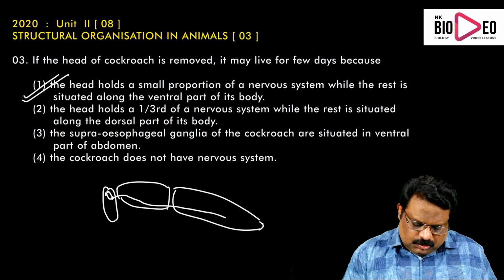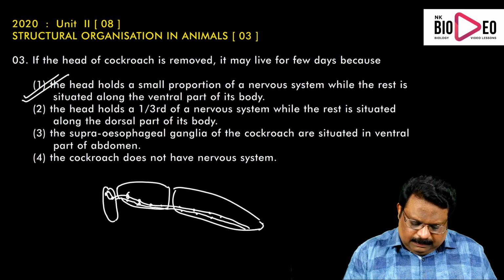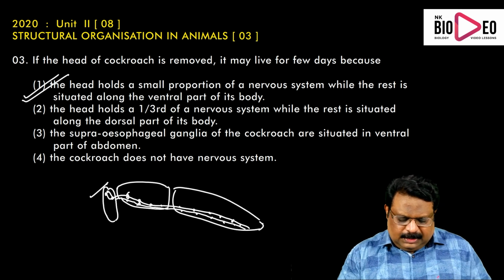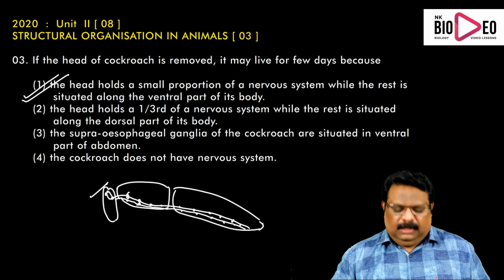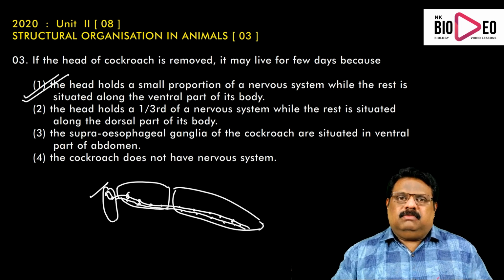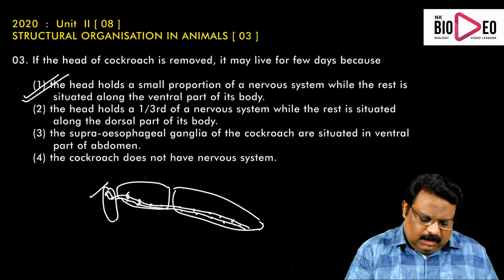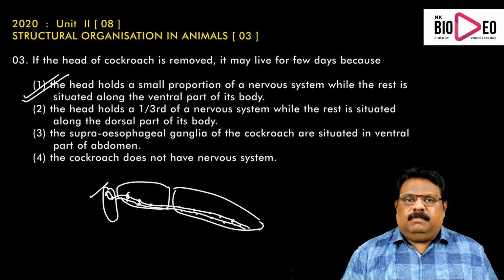Then two nerve cords with their ganglia and their branches, everything is present inside the thoracic region and abdominal region. Okay, that means a small portion is present inside the head, a longer portion is present inside the thorax and abdomen. So even though the head is removed, they can control their activities for some more periods. So the right answer is the head holds a small proportion of nervous system while the rest is situated along the ventral part of its body.